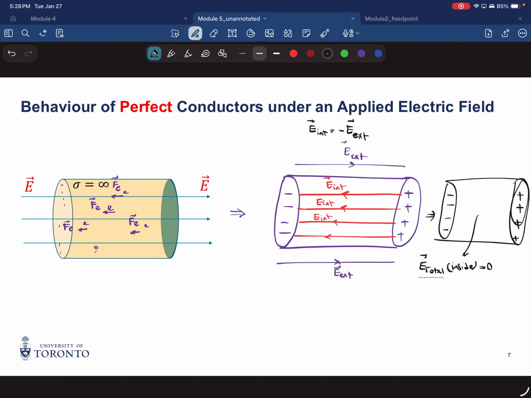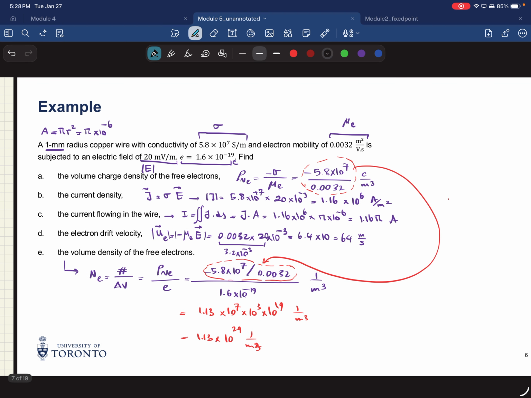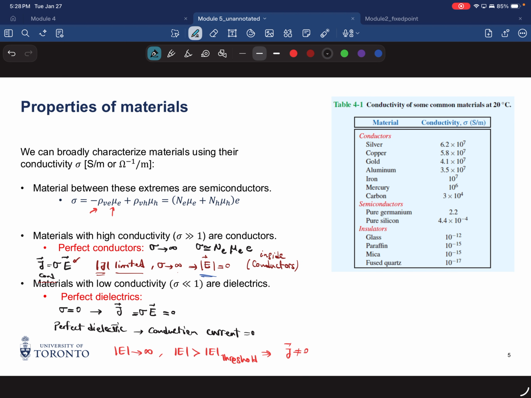So that reconfirms with physics why, even though sigma is infinite for perfect conductors, the electric field must be 0 inside them. Remember yesterday? The only way that current would be limited in the perfect conductor was if E was 0 inside the conductor.